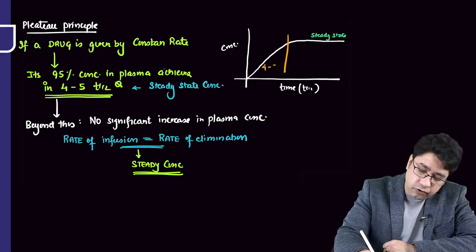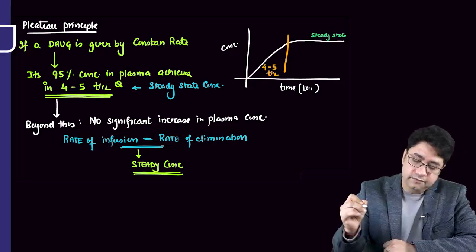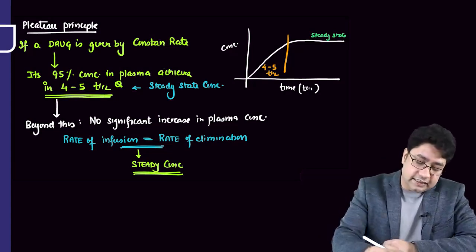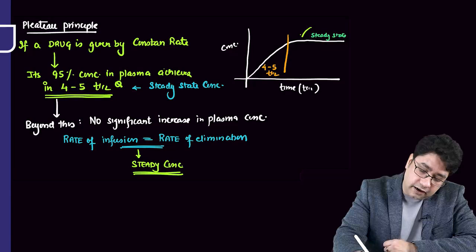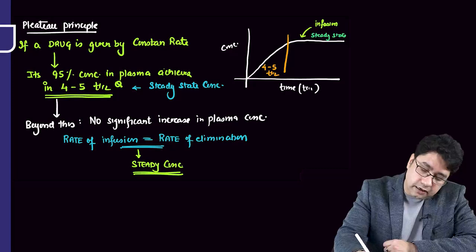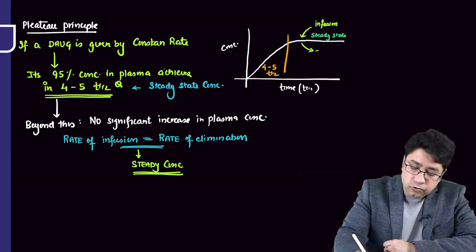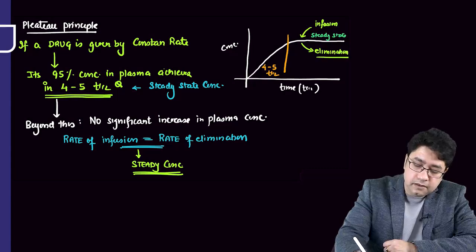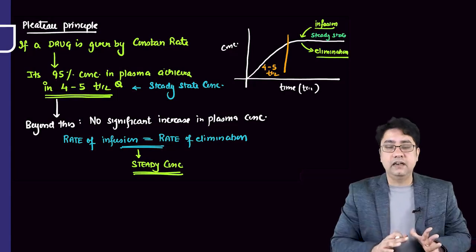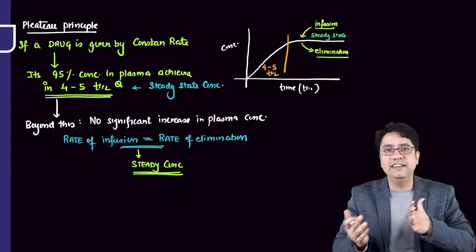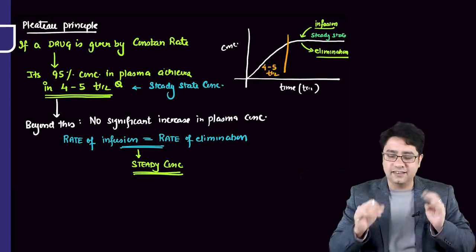You will write 4 to 5 half-lives. And at this steady state concentration, the rate of infusion of a drug becomes equal and opposite to the rate of elimination of a drug. That is why the concentration does not increase or fall any further.